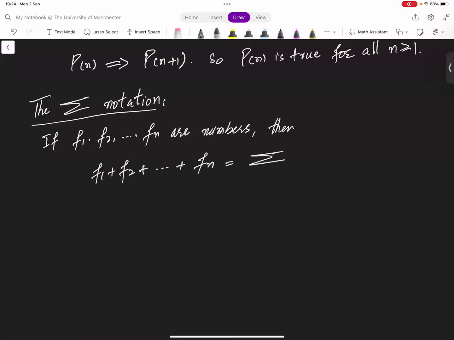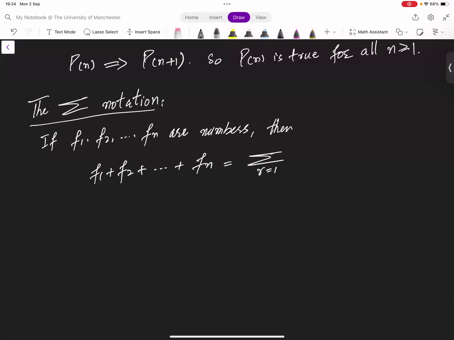We use the notation sigma, where r starts from 1 up to n, of fr. The sigma is a Greek capital letter, and this is often called the sigma notation.